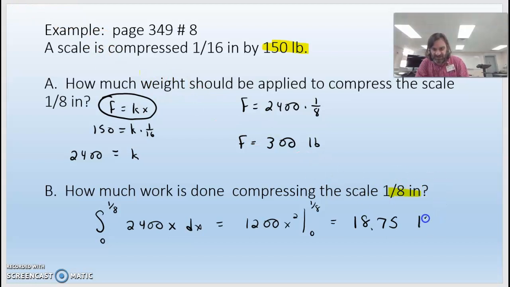If we want to change that to foot pounds, we know there are 12 inches in a foot, so we could divide that by 12, and basically we could say this is 1.5625 foot pounds. Alright, I think we'll stop there because we got something different going on next.